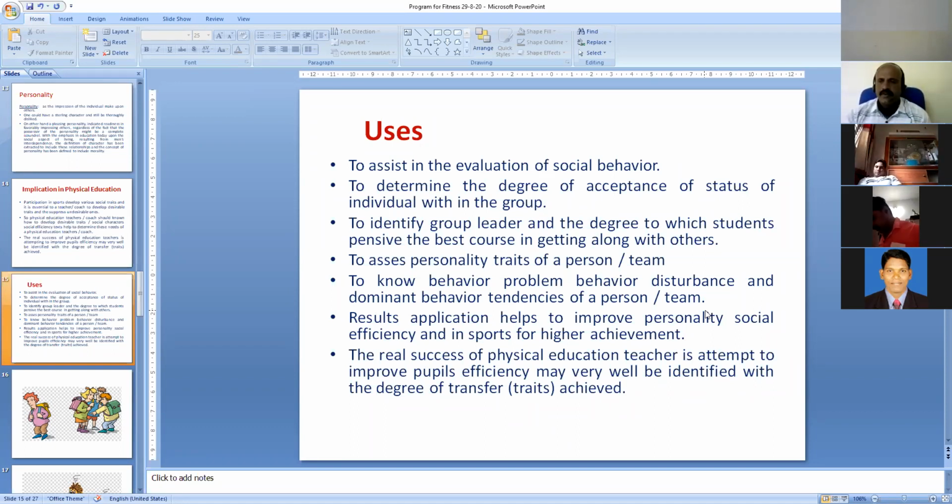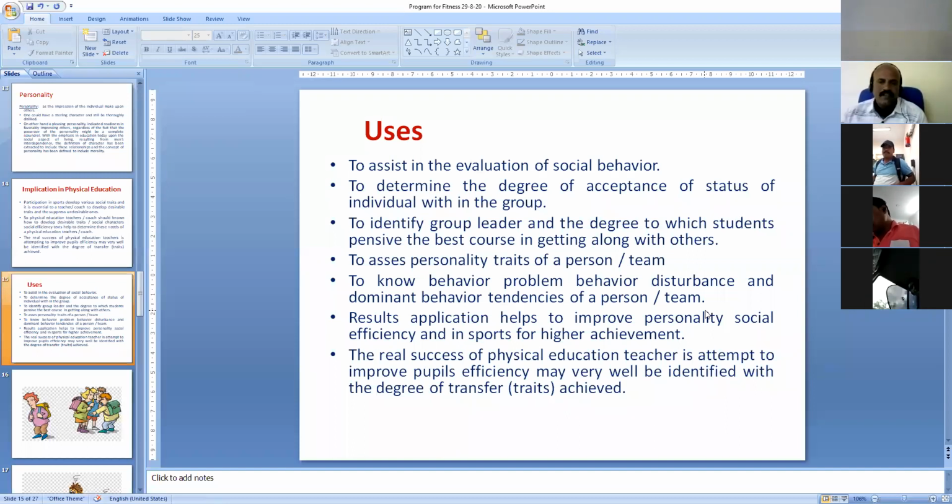If you are able to understand these qualities, you can use him according to his qualities during the requirement. For example, an aggressive player is required when the opponents are scoring continuously. To stop that opponent scoring, aggressive players are required to defend and stop them.